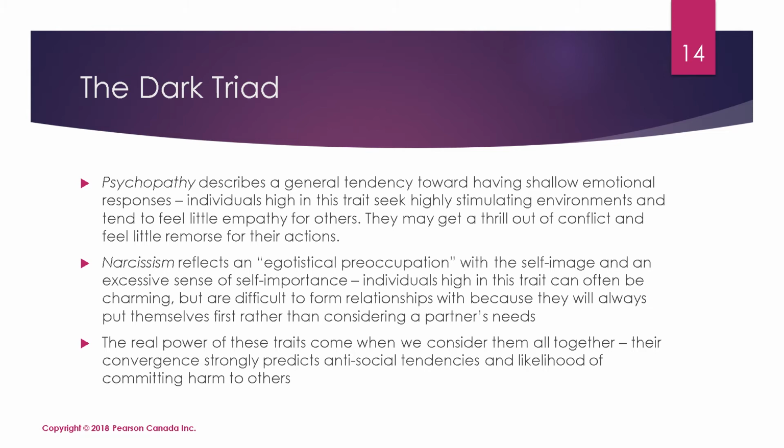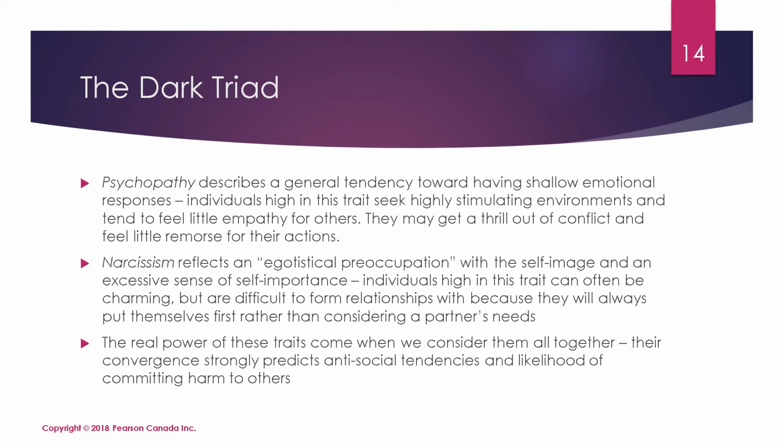So you're going to view psychopathy as just one of the three components of this dark triad. Then we have narcissism, which again is something you've probably heard of. It reflects an egotistical preoccupation with the self-image and an excessive sense of self-importance. So again, we get that characteristic trait of feeling more important than others and feeling like you are worth more than others around you.